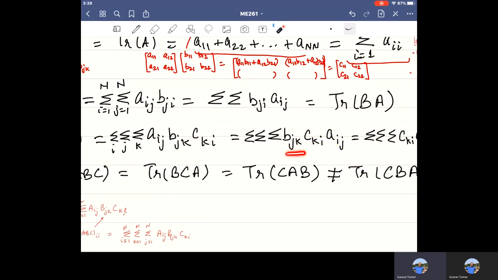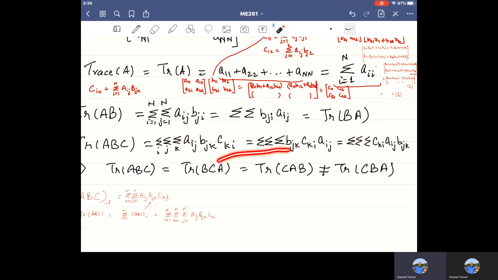And so now I can convert it into B into C into A. The entire thing is trace of B into C into A. So trace of ABC is trace of BCA.